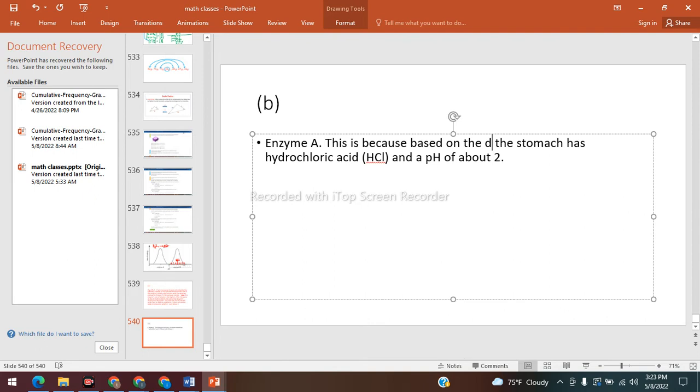Enzyme A works best in an acidic environment.